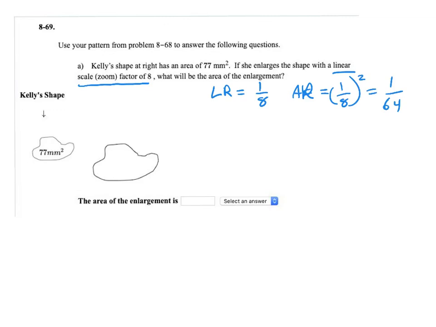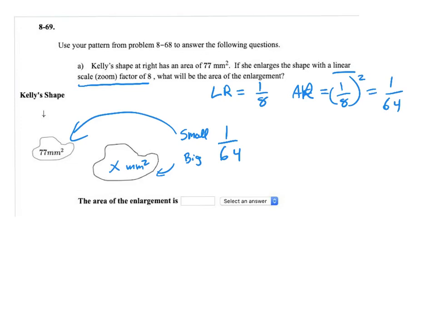Now in this case, I need to solve this problem using that. I'm going to do that by setting up a proportion. So 1 over 64. Now remember, this is the small shape, so the 1 goes with the 77 over the big shape. So that's going to be x millimeters squared, which is what I'm trying to find.